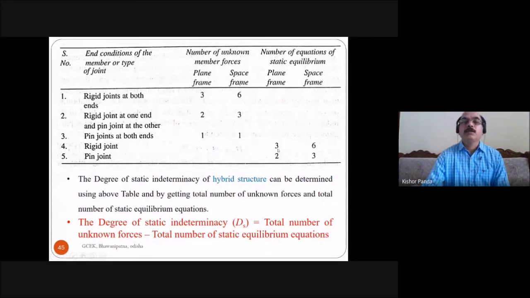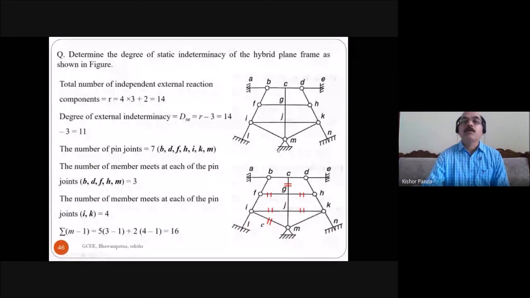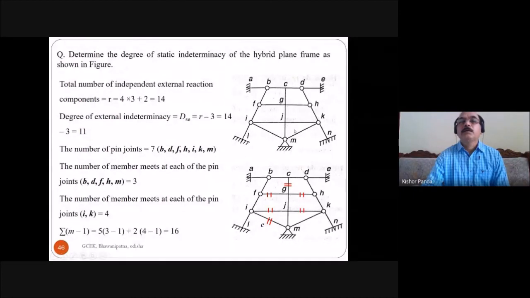So you have to count how many joints are rigidly connected. Here you see 1, 2, 3, 4, 5, 6, 7. Rigidly connected joints are 7. Then count the pin joints: 1, 2, 3, 4, 5, 6, 7.